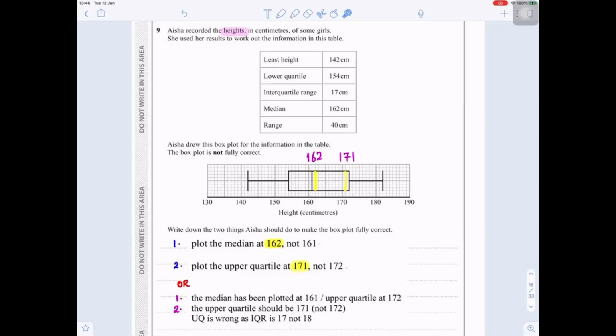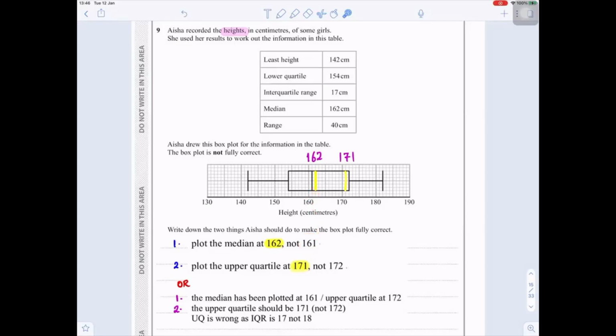So to do this type of question, you look at the box plot and look at the things that you need to change on it. Now, is the median correctly plotted? In this case, plot the median at 162, but they have plotted the median at 161.